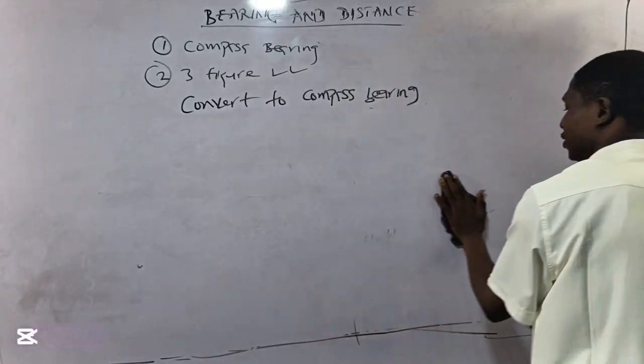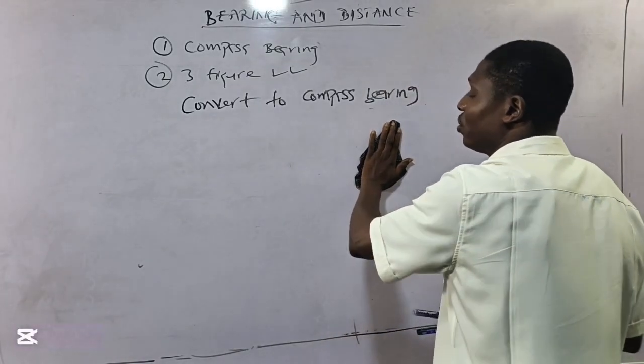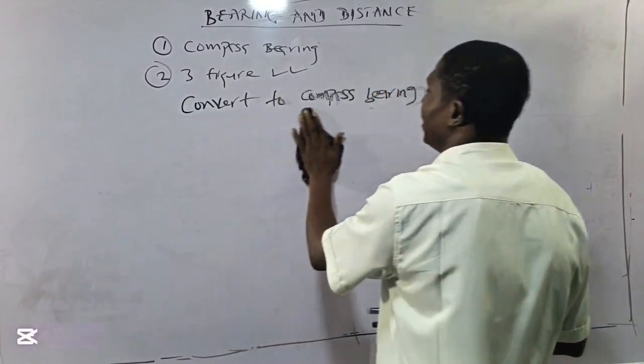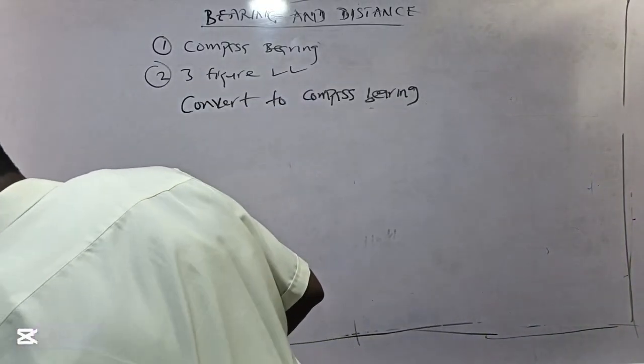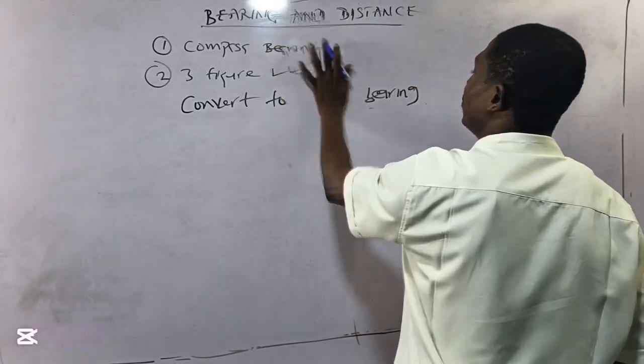Okay, we've explained conversion from three-figure bearing to compass bearing. So now let's see how we can convert to three-figure.